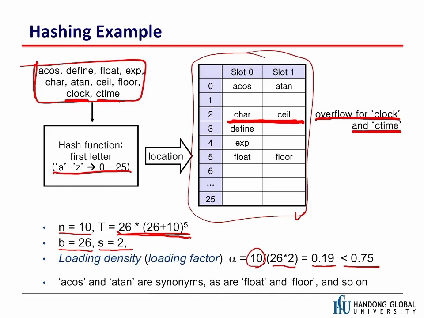If alpha is larger than 0.75 or any predefined threshold, then we have to expand our hash table for future insertions. Okay. And in this example, cosine and tangent are synonyms, as are float and floor, and so on.